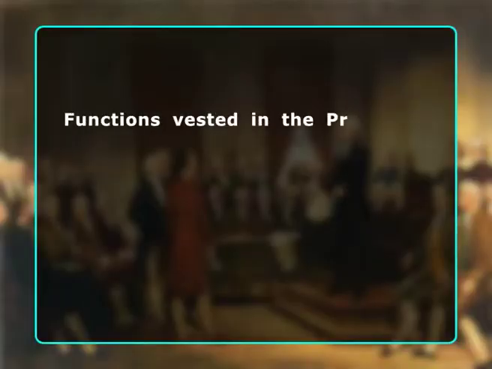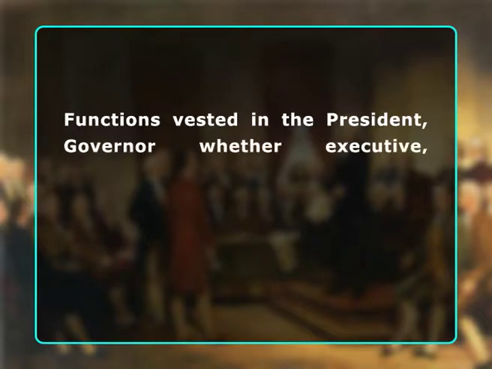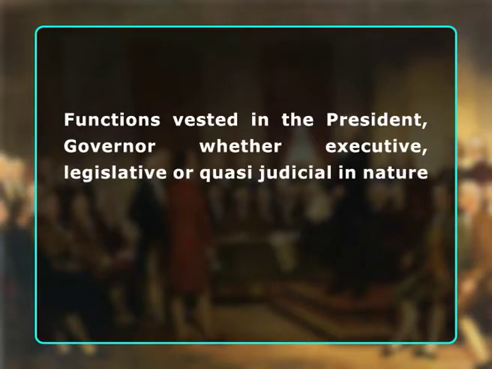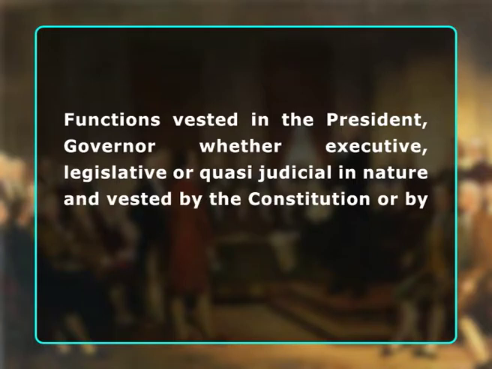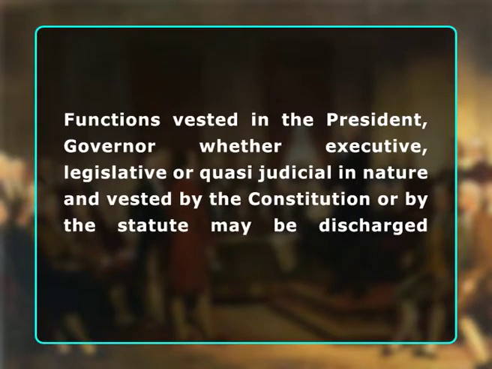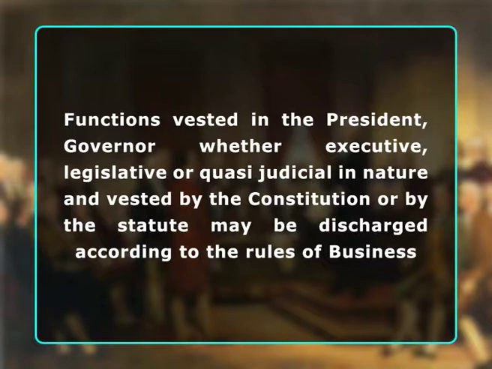The court then said that whatever the functions vested in the President or Governor, whether executive, legislative or quasi-judicial in nature, and whether vested by the Constitution or by the statute, may be discharged according to the rules of business, unless the contrary is clearly provided for by such constitutional or statutory provisions.